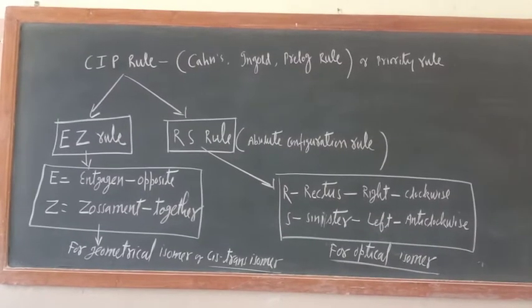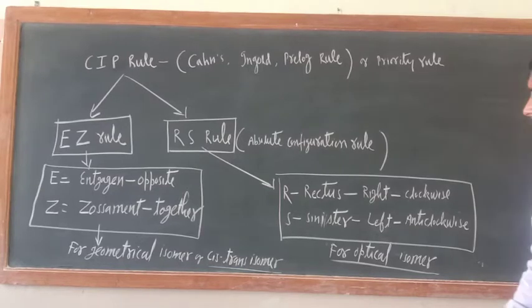Okay, so just see, I will teach this CIP rule in very short. Now no question will come in the examination as far as CIP rule is concerned, but if you understand this one, then your understanding regarding optical isomerism will increase. CIP is the name of 3 scientists, Cahn, Ingold, Prelog.